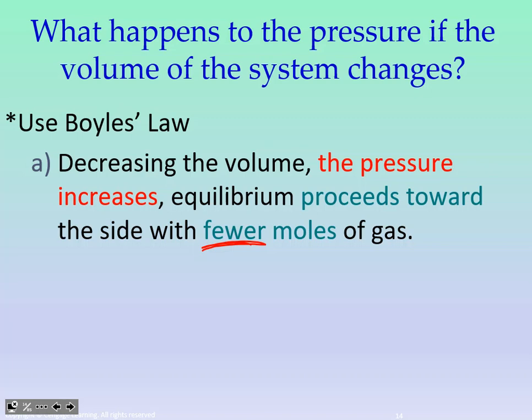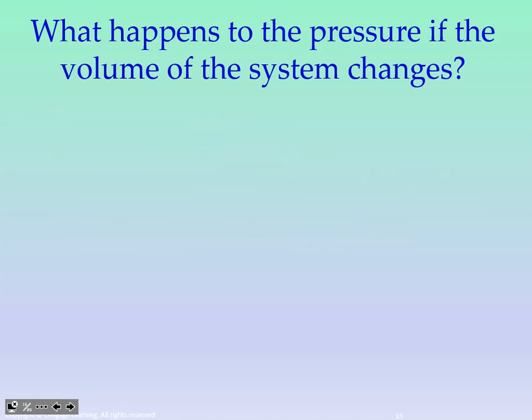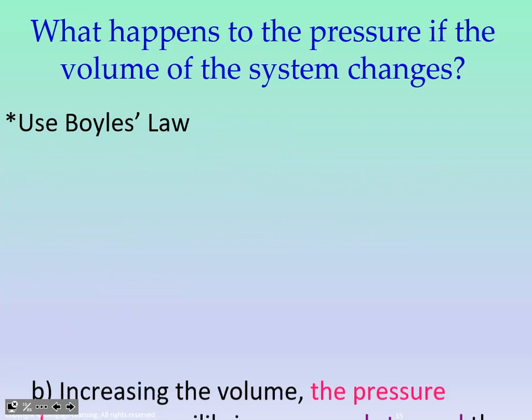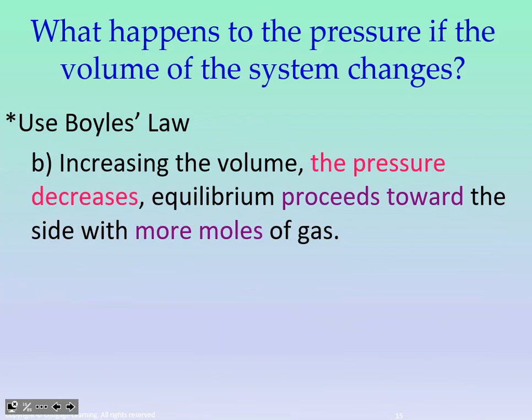So this is where Boyle's Law gets thrown in. P1V1 equals P2V2. Don't forget that inverse relationship there, kind of important. And of course the opposite is true. Increasing volume decreases pressure, and it proceeds to the side that has more moles of gas.